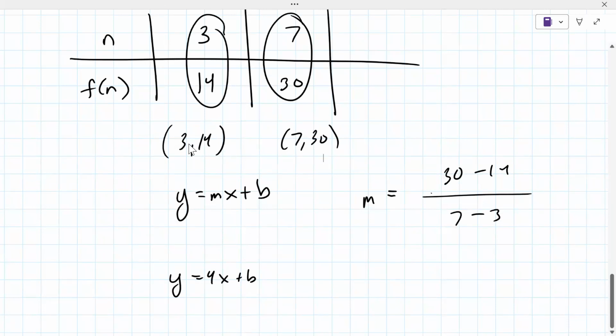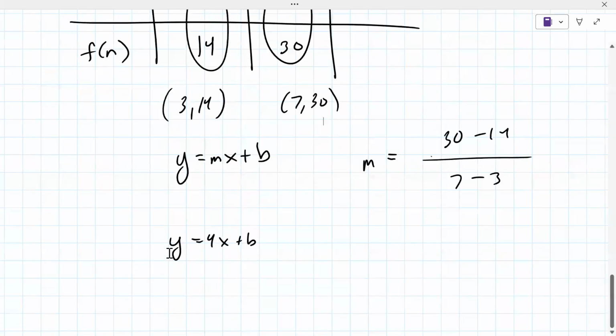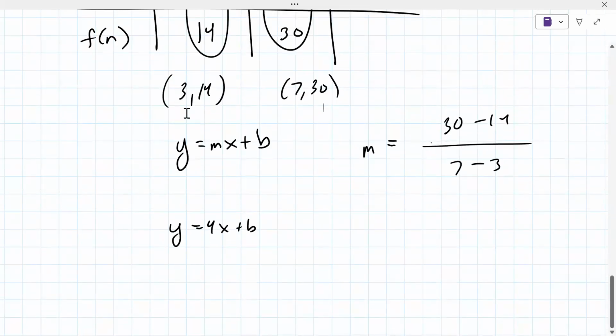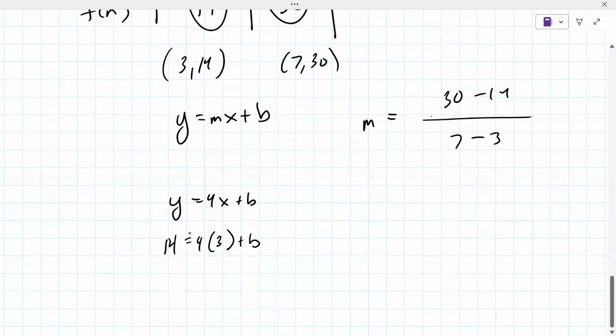Okay. So y equals 4x times 3 plus b. Is that right? What is the y value in this? 14. Okay, what is the x? 3. Okay, you're multiplying 4 times 3. So 12 plus b equals 14.